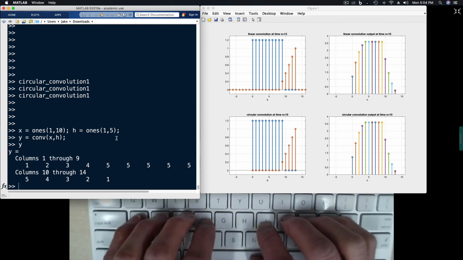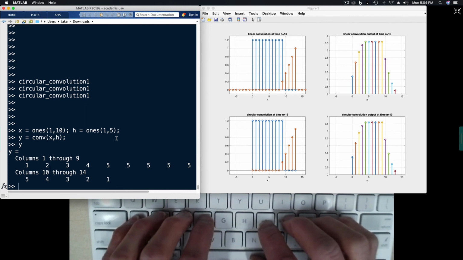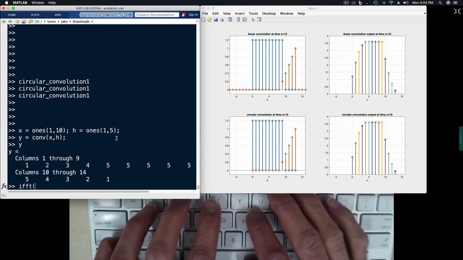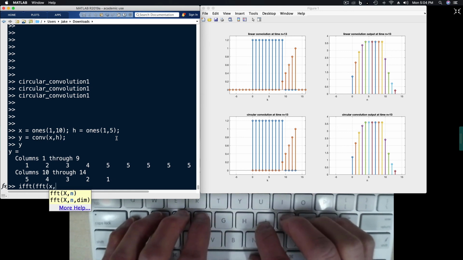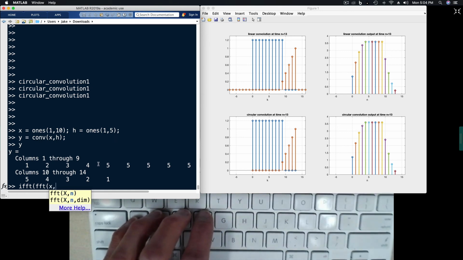If we wanted to do this using the DFT, we could do this in a single line of code by doing the following. We could say inverse FFT of the FFT of x, and notice that the length of the output is 14 because that's 10 plus 5 minus 1.